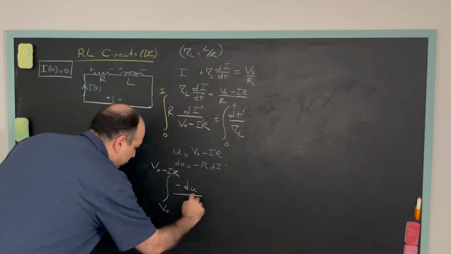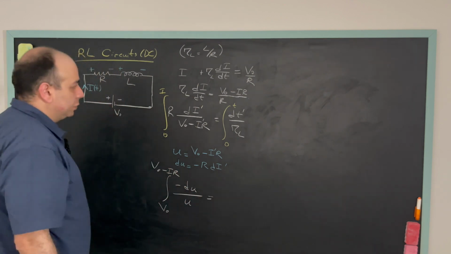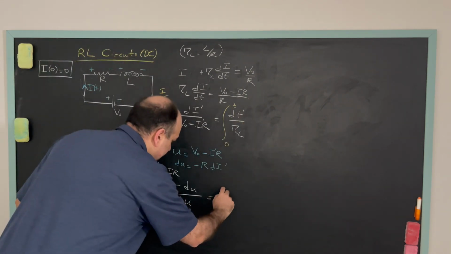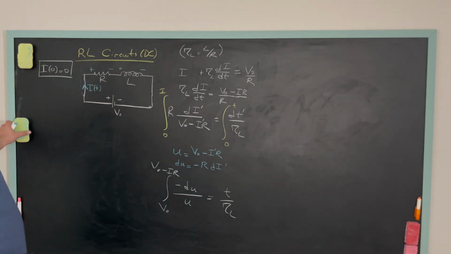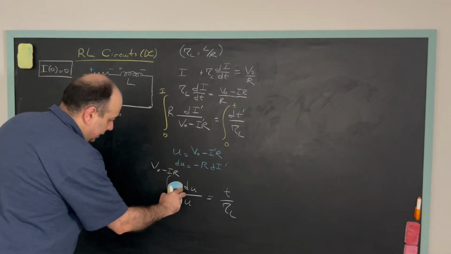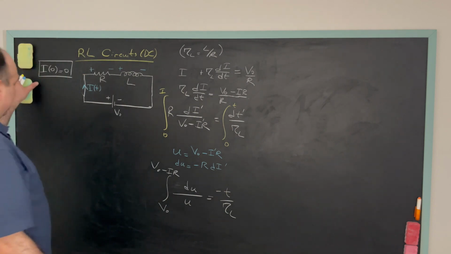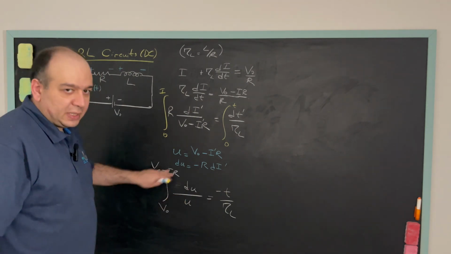So minus du over u is equal to, integrating this side is easy, t over tau L. So I can put the minus sign on this side, and this is nothing but the Ln function.